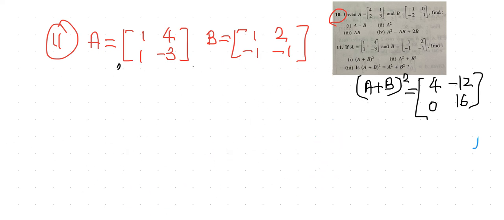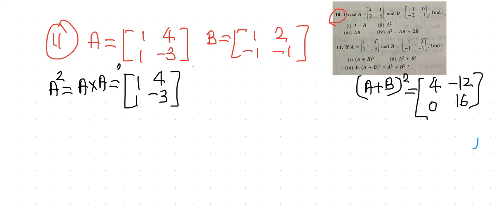So for that I'll be calculating a square first, which is equal to a into a. So this in turn will be equal to 1, 1, 4 minus 3 into 1 minus 1, 2 into minus 1. So this is going to be equal to 1 into 1 plus 4 into 1. 4 into minus 1, which will be equal to how much, children?